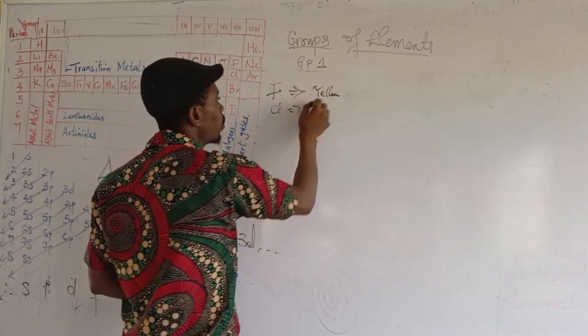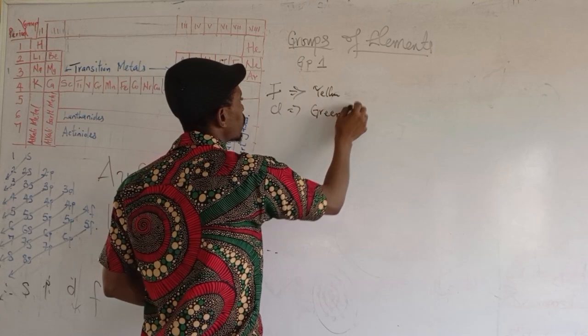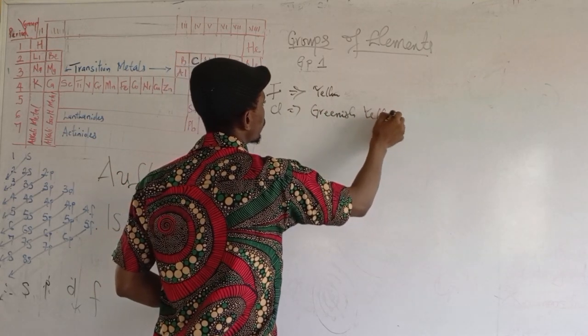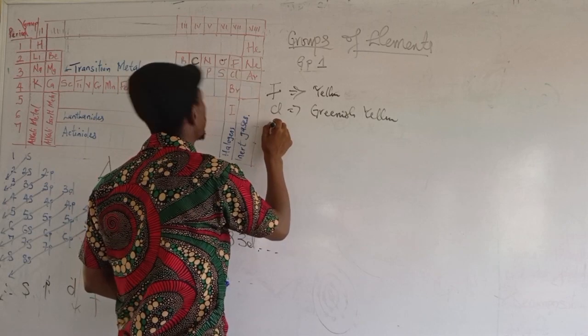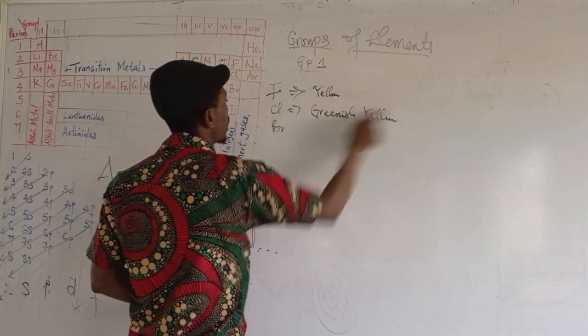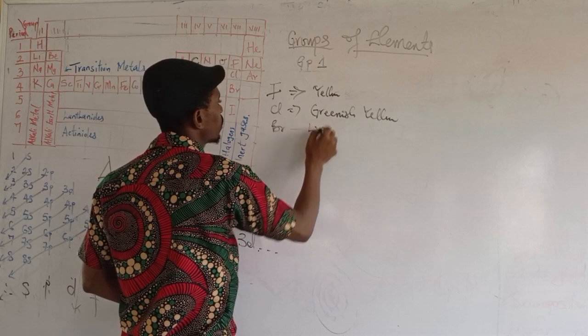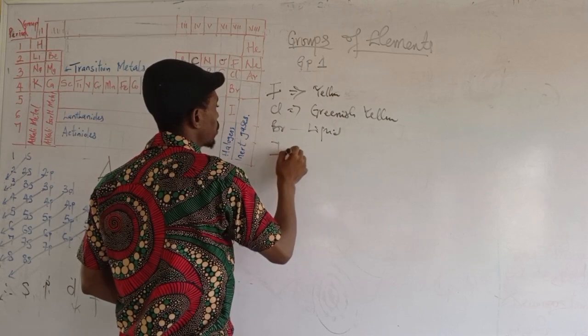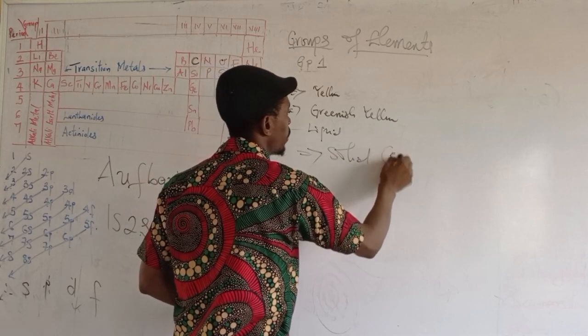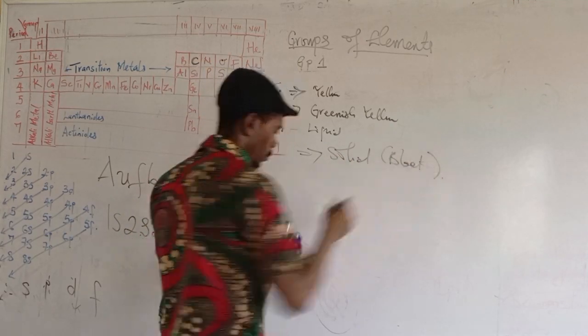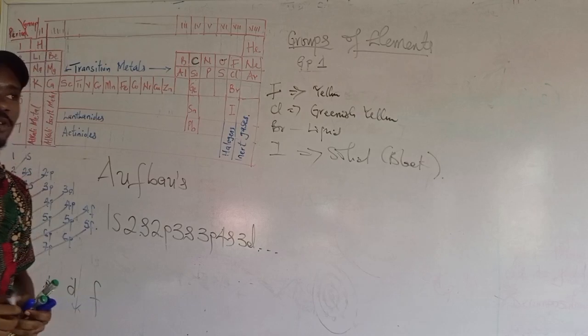Chlorine is greenish yellow. Okay, and then bromine is gas, some liquid. Okay, liquid. Then iodine is solid. It's a black solid. It's black in color. So these are some of the important features.